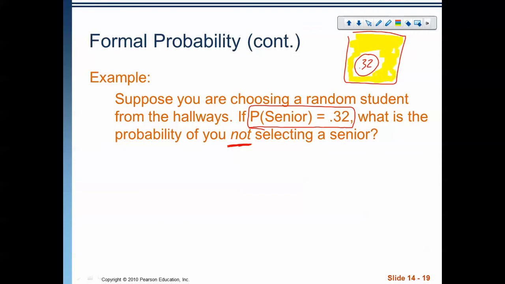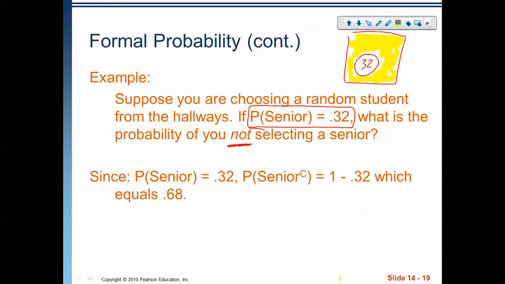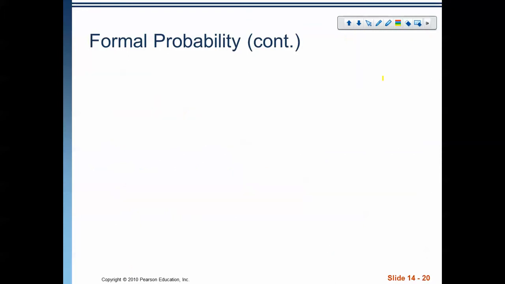Since the probability of being a senior is 0.32, the complement of that is going to be 1 minus 0.32, so therefore 0.68 is our solution. So the probability of not selecting a senior here is 0.68 because we're using the complement rule directly. Okay. Next example.